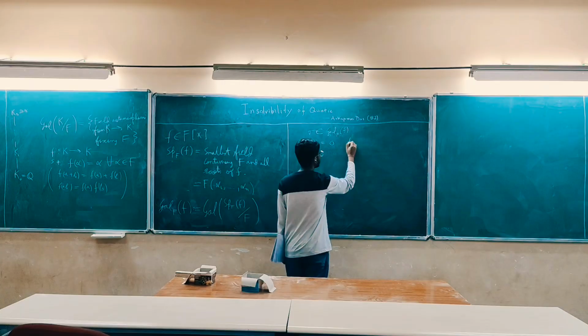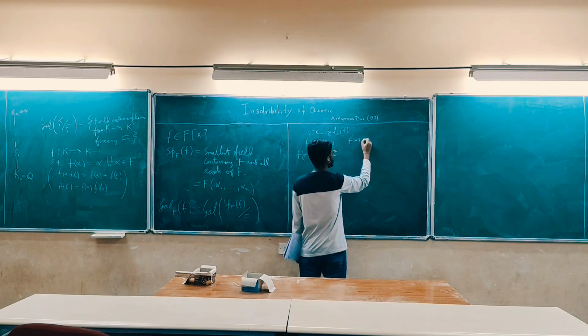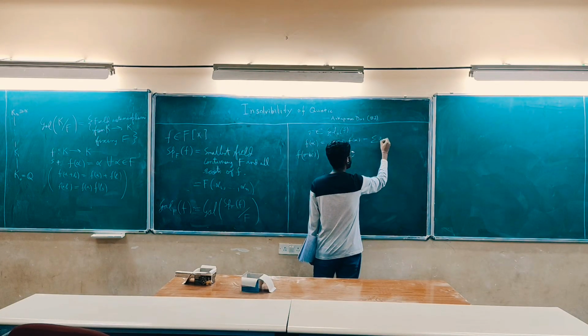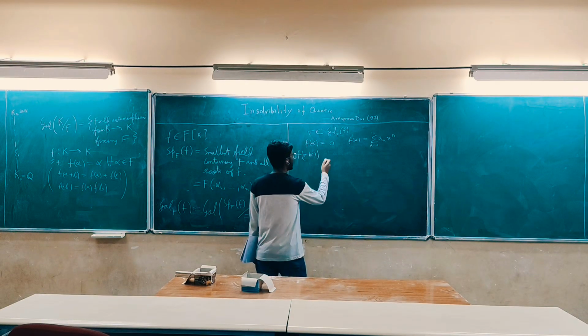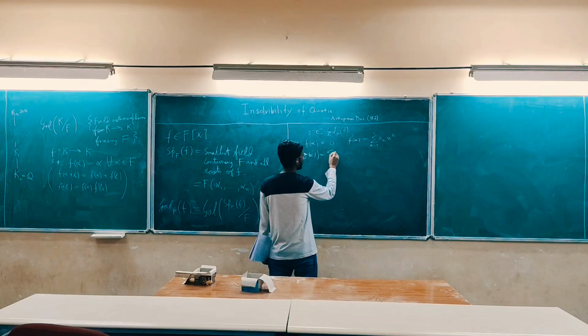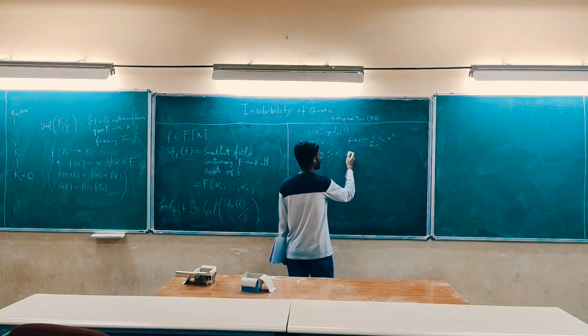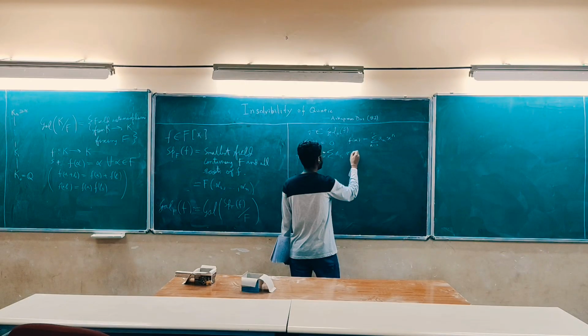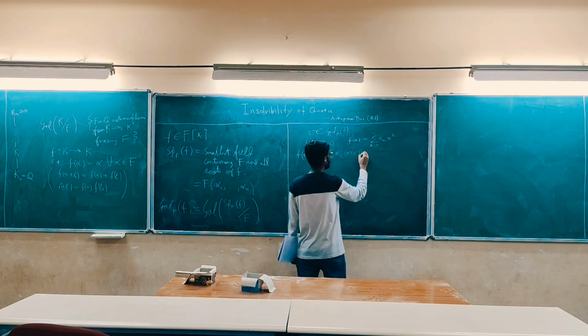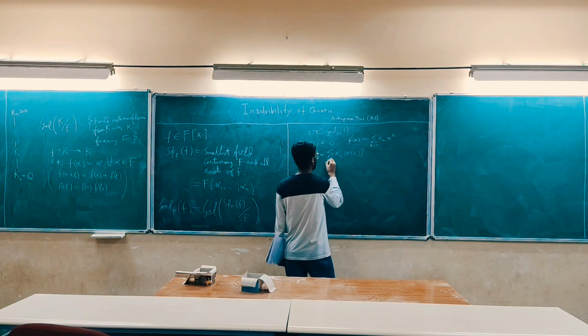Say f is of the form summation a_k x to the power k from 0 to n. Then f(sigma(alpha)) is of the form summation a_k (sigma(alpha)) to the power k from 0 to n.